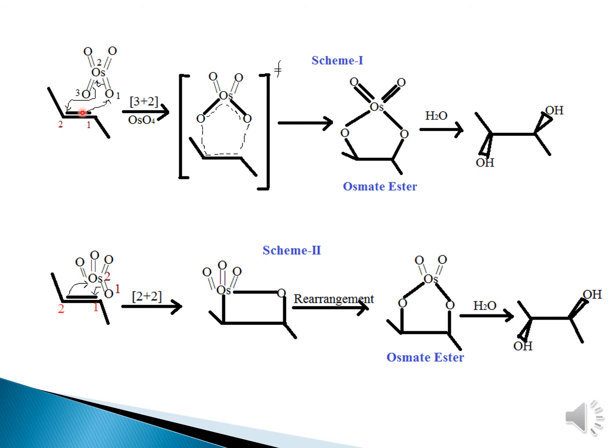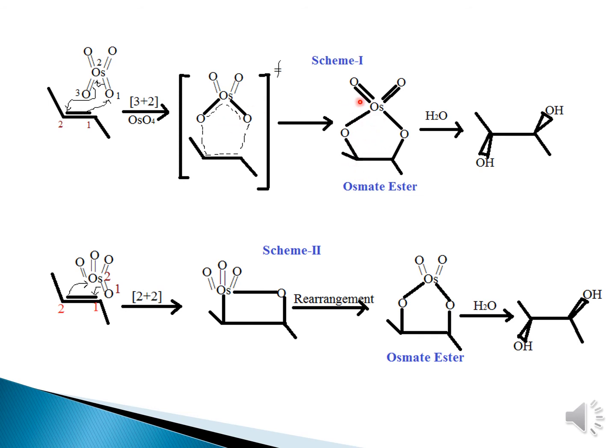So you can see here, this is a 3+2 cycloaddition. Okay, so from here it will start. First you have to attack towards this side, then towards here, and then this will go over here, resulting in this intermediate 8, and then this is just like a transition state formation, and after this you will end up with this osmate ester.